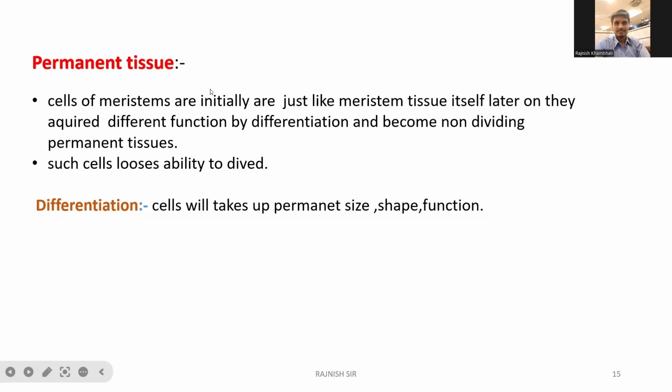Next is permanent tissue. Permanent tissues are called permanent because initially, they are just meristematic tissue and nothing else. Clear? Because they are coming from meristematic tissue, they are meristematic tissue at the initial stage. So they are behaving like meristematic tissue.